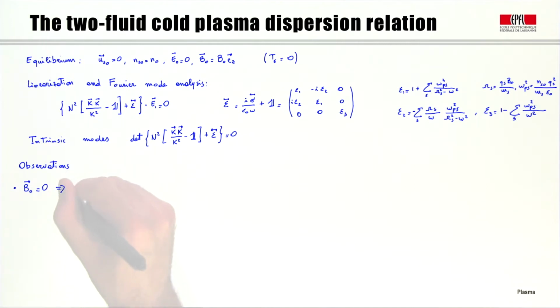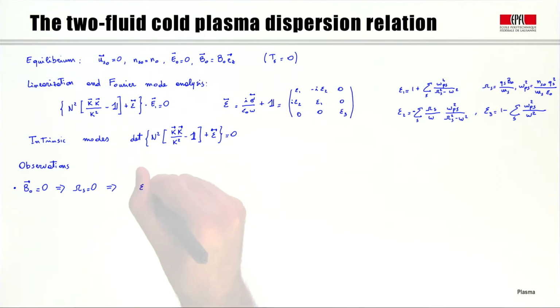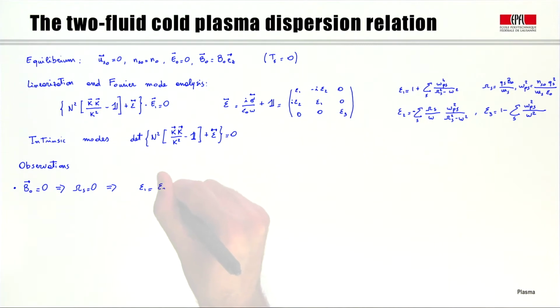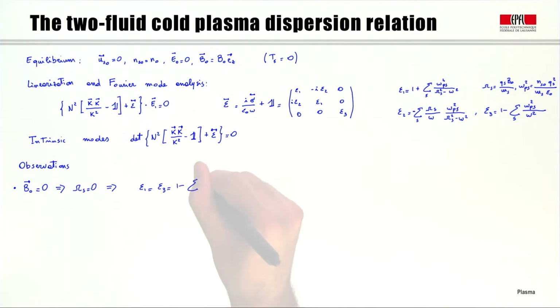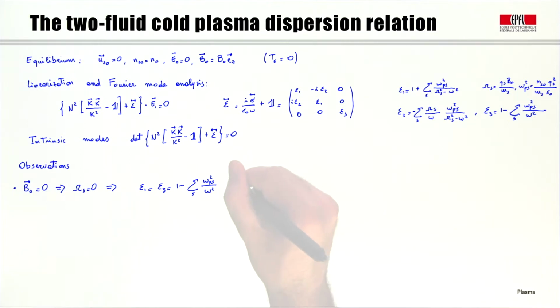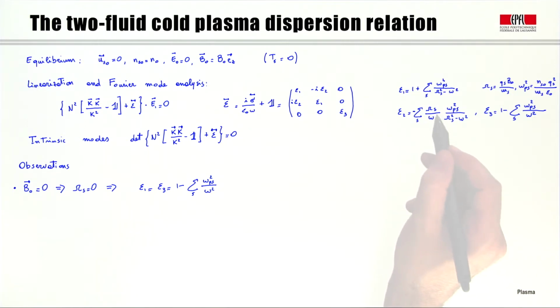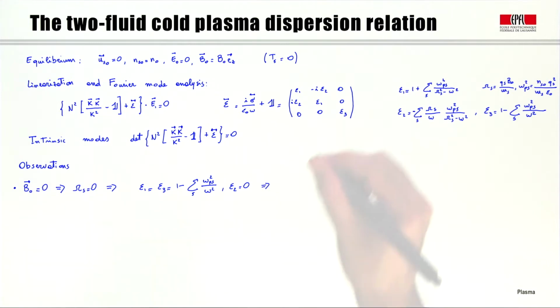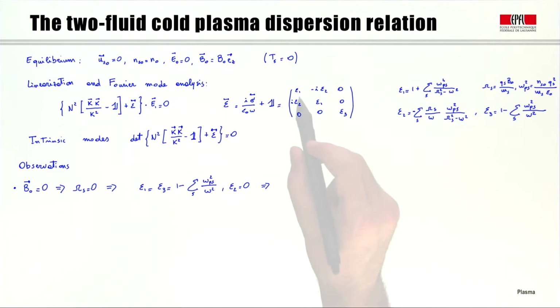Well, let's take the limit of equilibrium magnetic field equal to 0, which implies that the cyclotron frequency is equal to 0. And this implies that epsilon 1, well, if omega s squared is equal to 0, epsilon 1 becomes equal to epsilon 3 and equal to 1 minus the sum over all species of plasma frequency squared over omega squared, while epsilon 2, being proportional to omega s, becomes equal to 0.